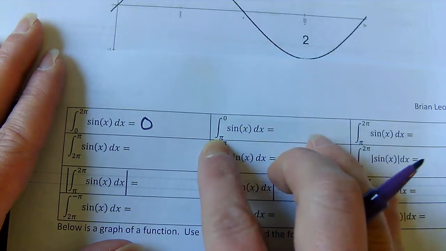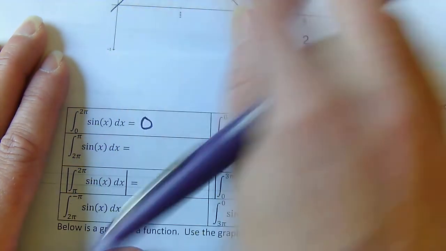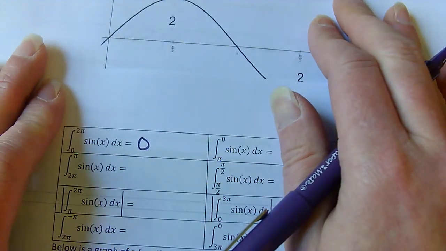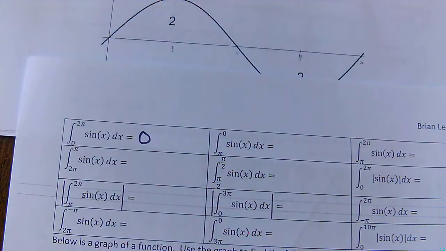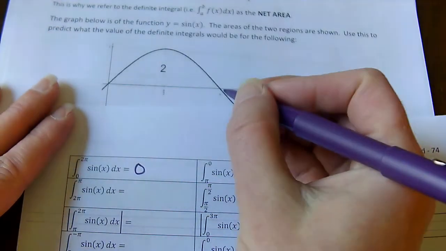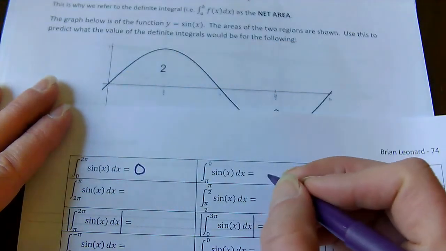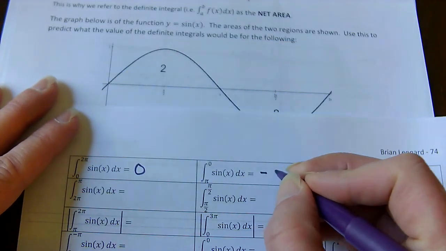But what if I went from pi to 0, going backwards on that top piece? Let me zoom out a little bit here. There we go. If I went backwards, I'd be measuring it backwards. That would give me a negative dx, and I would come out with negative 2.